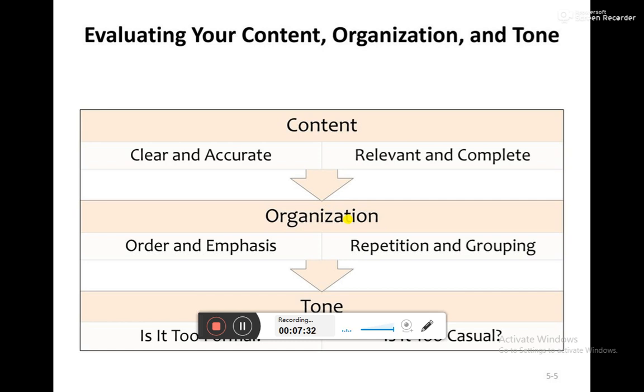To evaluate the content of your message, make sure it is accurate, relevant to the audience's needs, and complete. When you are satisfied with the basic content of your message, review its organization by asking yourself these questions. The first question: are all points covered in the most logical or convincing order?